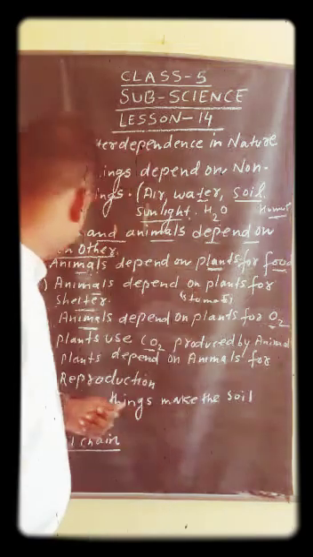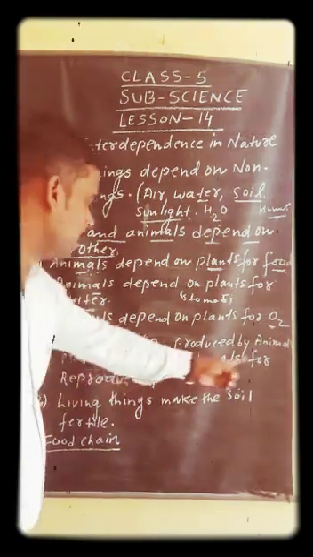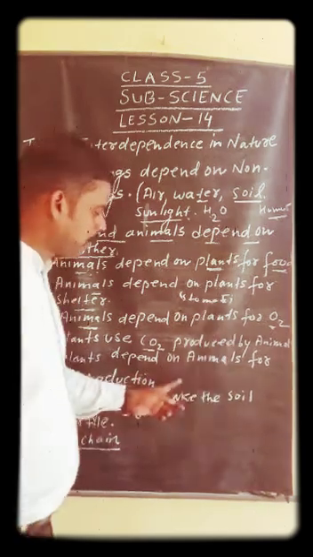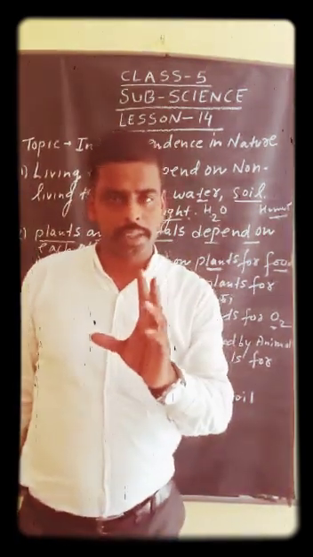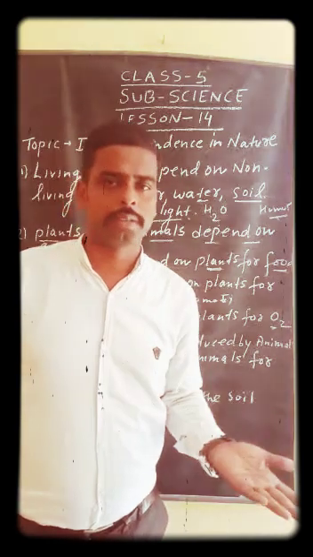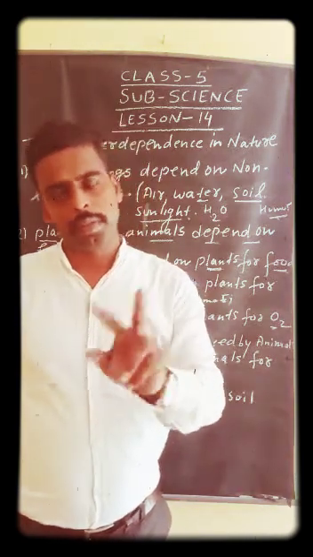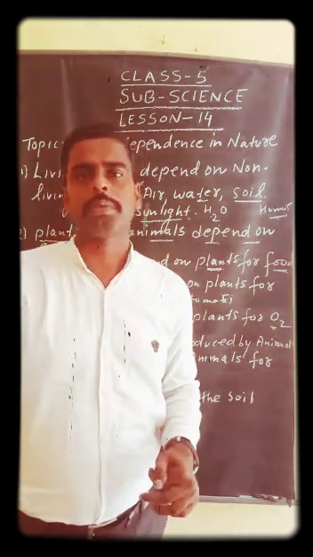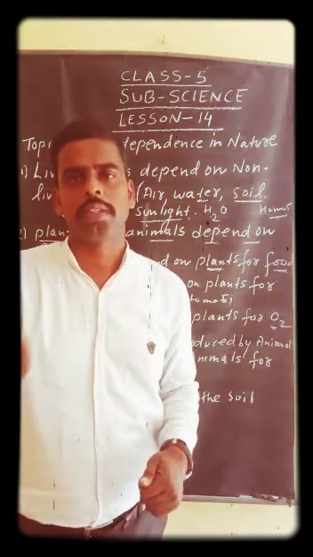of photosynthesis. Fifth one is plants depend on animals for reproduction. How do they do this? During pollination, in plants there are two parts, the stamen and the pistil, meaning both male and female parts are found in plants. Pollen is transferred from one flower to another, which is known as pollination.